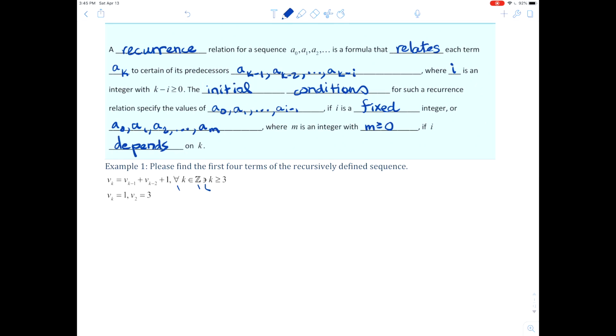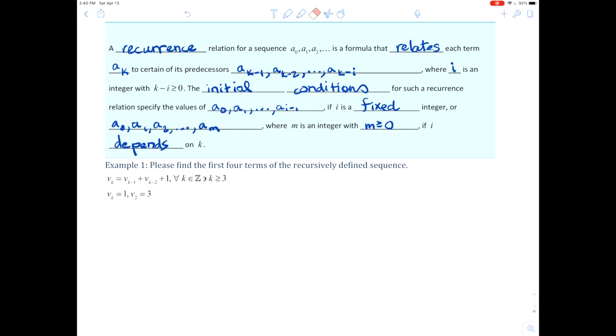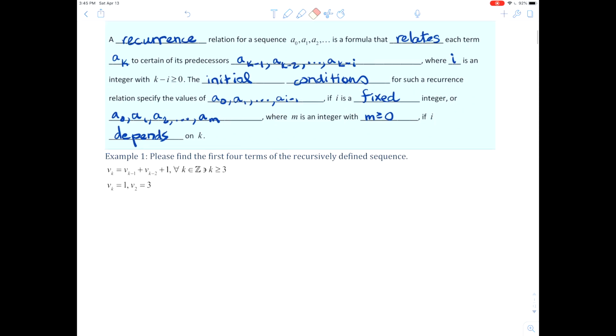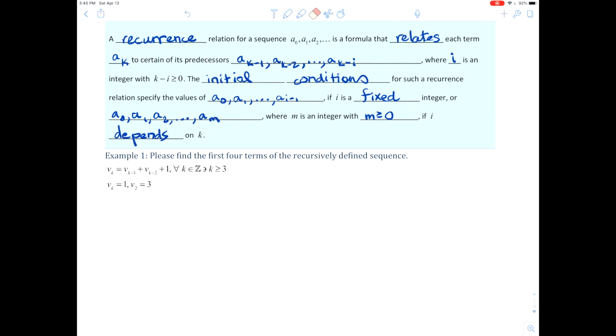This one means such that, okay? So basically, putting it all together, we're defining this sequence V sub k equal to V sub k minus 1 plus V sub k minus 2 plus 1 for any k belonging to the integers such that k is greater than or equal to 3.